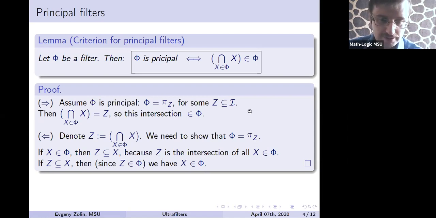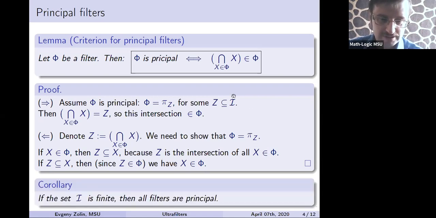In particular, if our base, our index set I, is a finite set, then we can't build a non-principal filter. So all filters will be principal, because if phi consists of sets x1, x2, and so on, xn, then their intersection is a finite intersection.